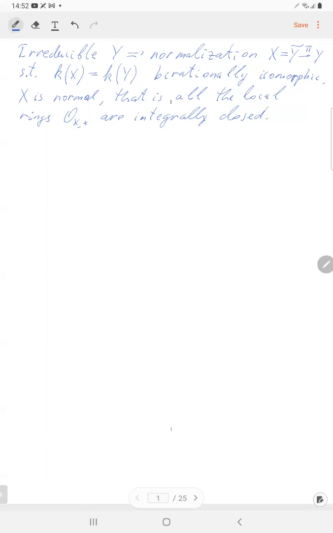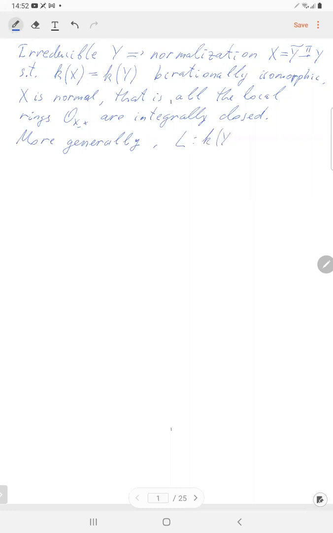Okay, and more generally, we introduce the notion of normalization in a given finite field extension L over the field.